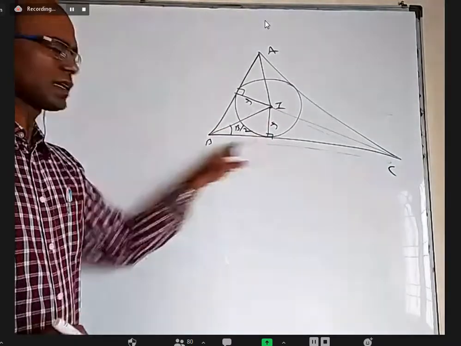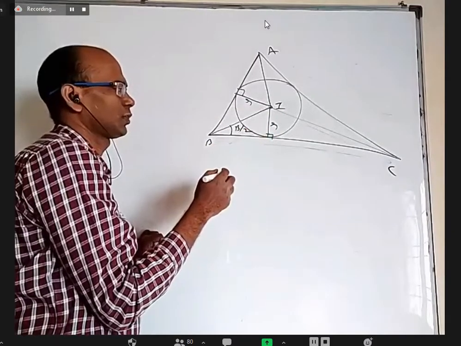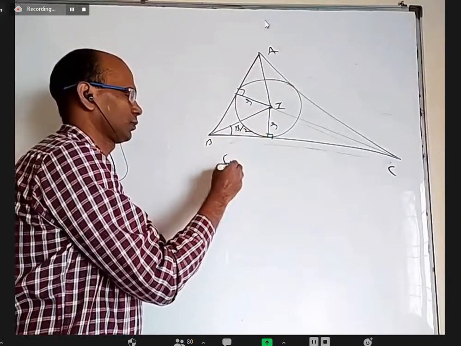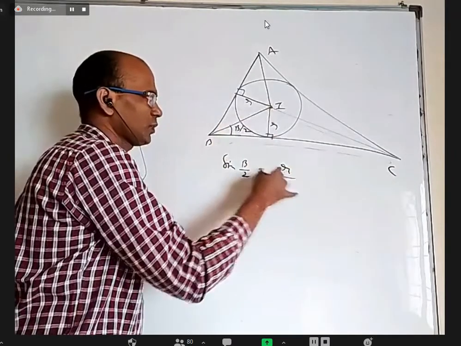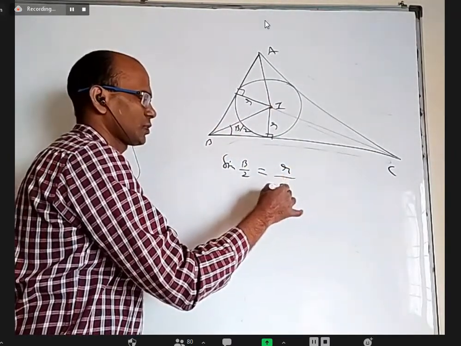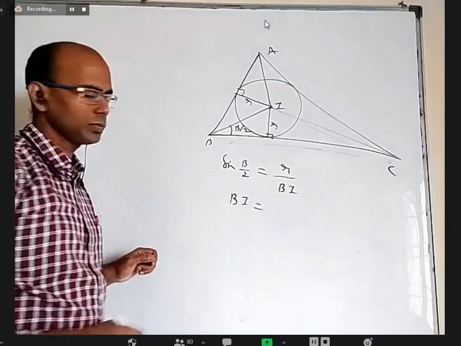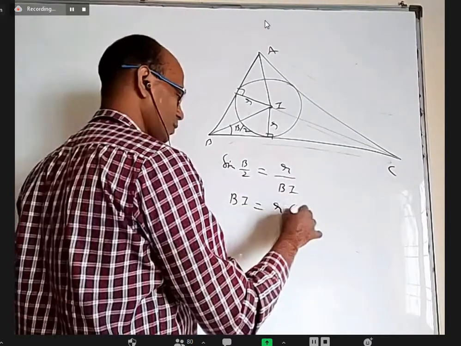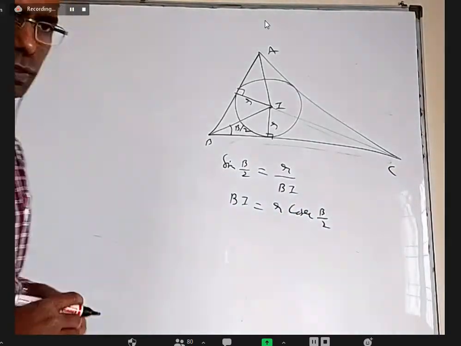So in this triangle, directly apply, you want to find BI, you take sine B by 2. If you take sine B by 2, opposite side is small r, hypotenuse is BI. So BI is equal to R cosecant B by 2, or r by sine B by 2.